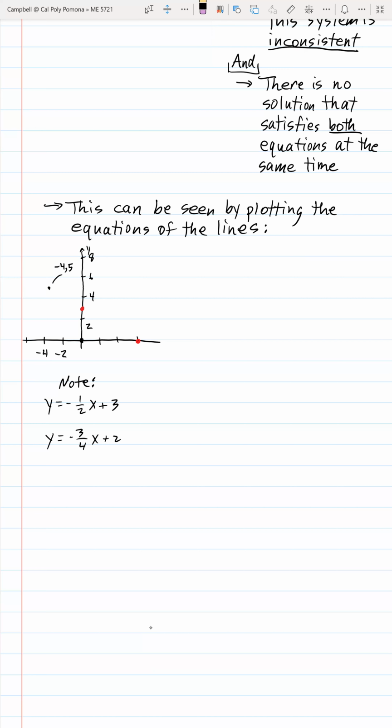Hopefully I have everything drawn well enough that I can get a line going through those points. There we go. Wow, that's not half bad for freehanding, if you don't mind me saying so myself. So this is, of course, y is equal to negative 1/2 x plus 3.